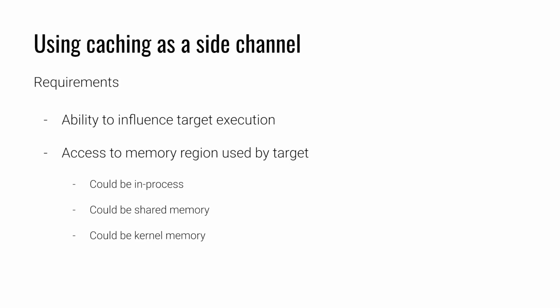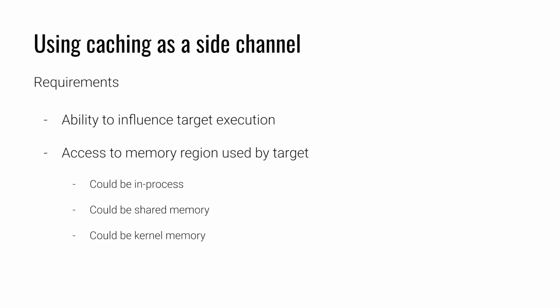state of the cache. What we want to do is very similar to that initial example from the prior lecture. The difference is that instead of observing my own accesses, I want to observe the accesses of another program or another function, something that isn't my own code.